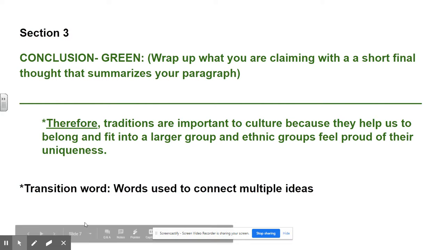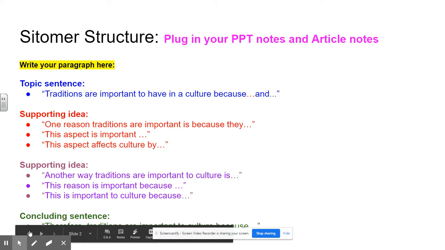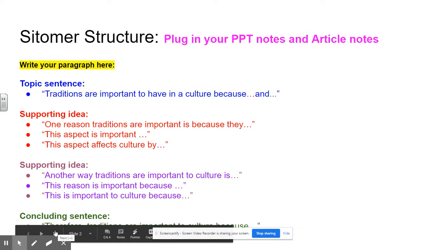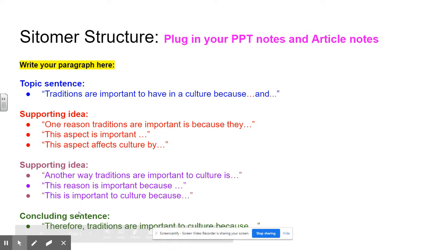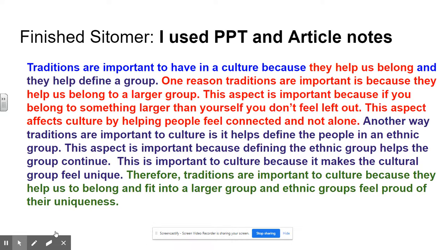So, with all that being said, let's go back to the original. We started with this, and we took our notes from the PowerPoint. And I could have used my notes from the article, but I chose to stay on my PowerPoint. I used slide 4 and I used slide 10 to plug in my information here, which gave me this. This is my complete answer, and this is a Sitomer.